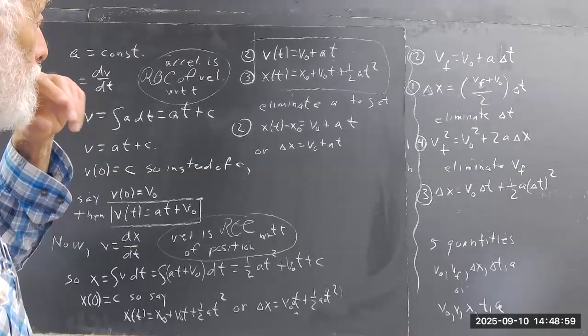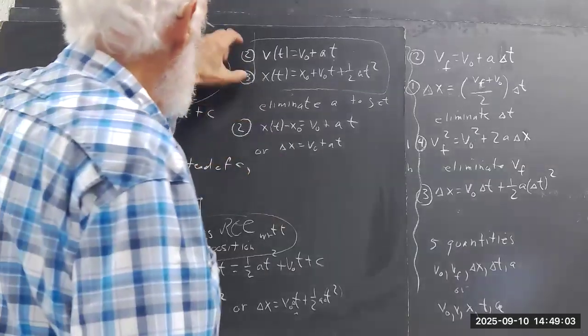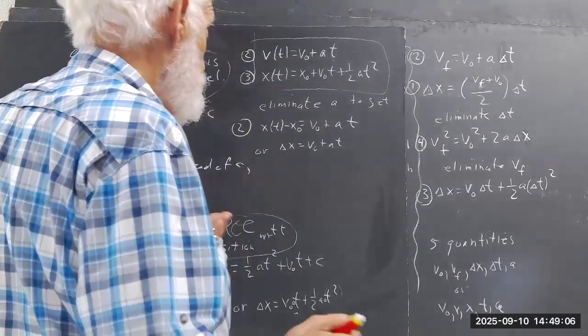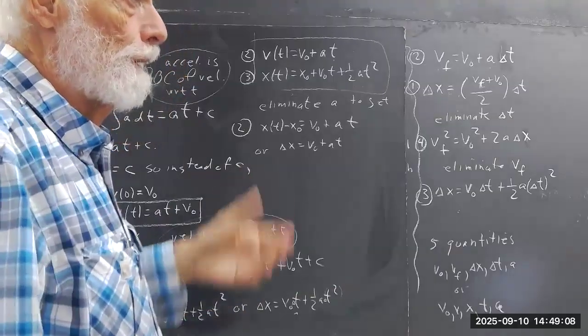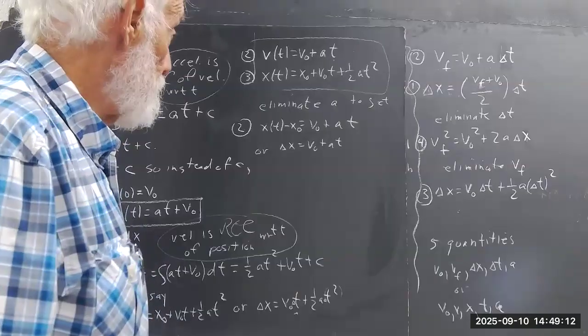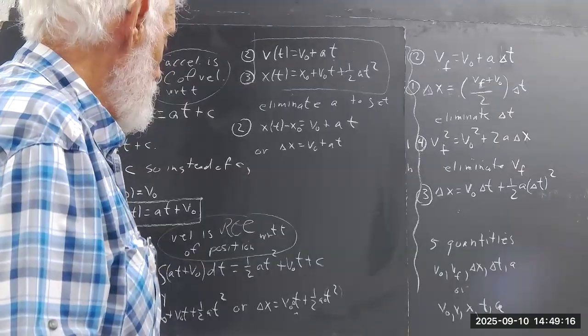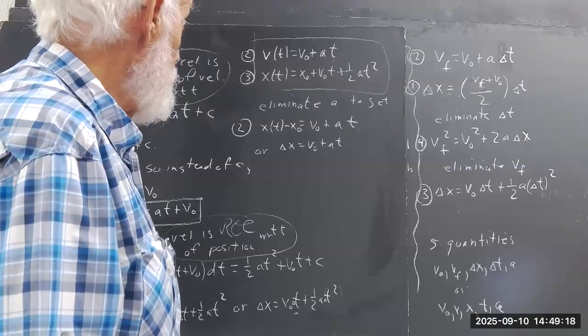So we've gotten equation 2 and equation 3. And I mentioned that I have a grandson who came through these courses a few years ago. Successful career so far as an engineer.